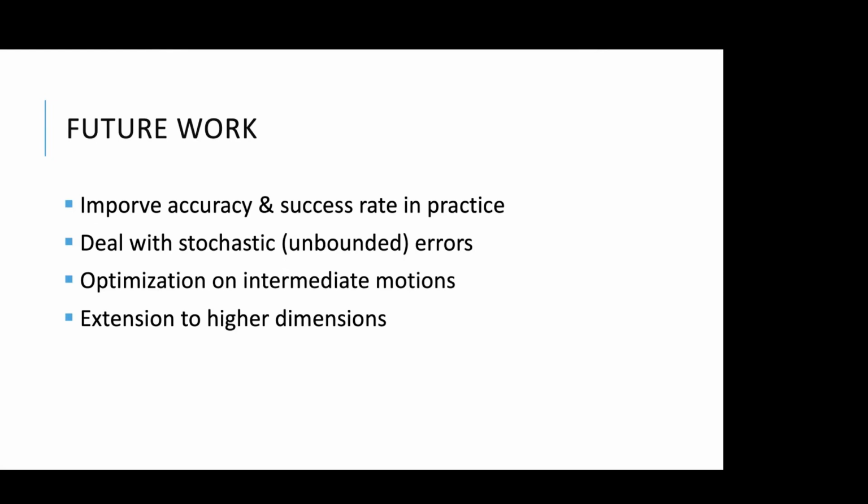Also, we deal only with bounded distance errors, but one might believe that the error is not bounded by some value, but is stochastic, right? It might be an infinite error, but with zero probability, and we do not tackle that. Also, we assume that we know what the predetermined motions are. Maybe we want to optimize, right?